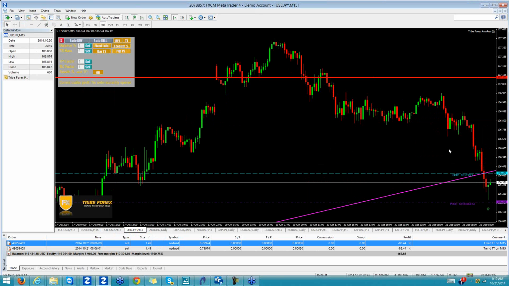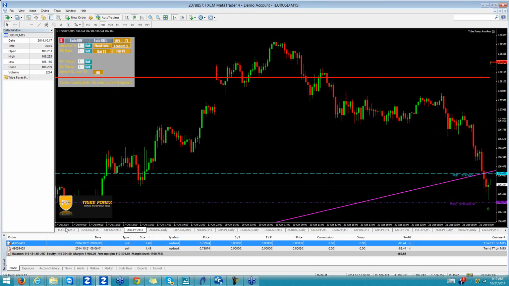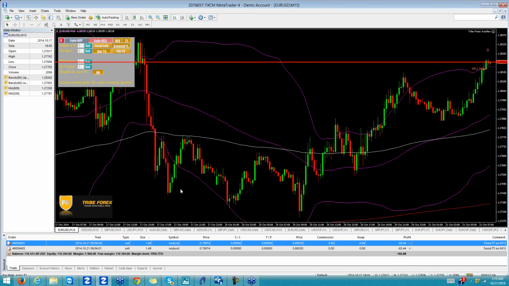We're right in that range, so it's going to be interesting to see how it reacts. It's going to use it as an area of support or an area of resistance, and that's going to tell us a lot about where this market is going. We don't want to see it pass the low here, which is at 106.23. You can actually save yourself some pips when you see how the market begins to react to these areas.